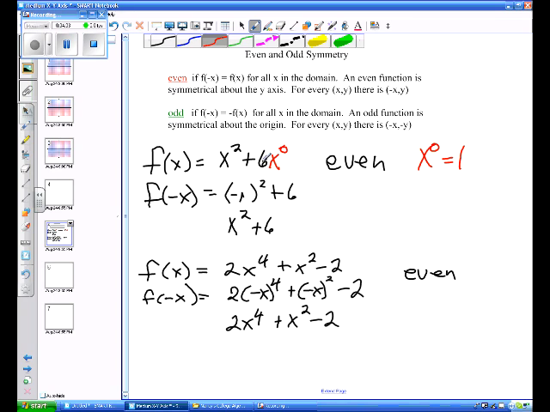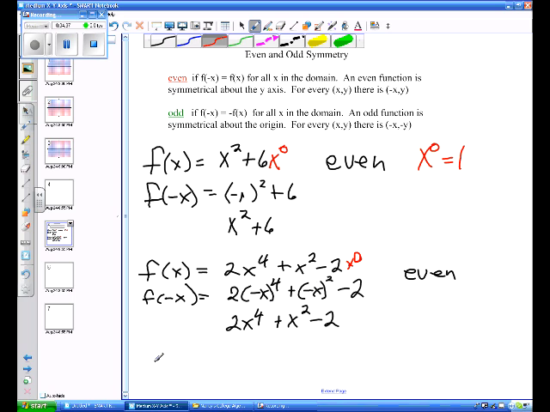We talked about that earlier when we said the degree of a constant was 0, because that's what your exponent would have to be. And again, down here, my exponents are 4, 2, and 0. So when it's an even function, all of your exponents are even.